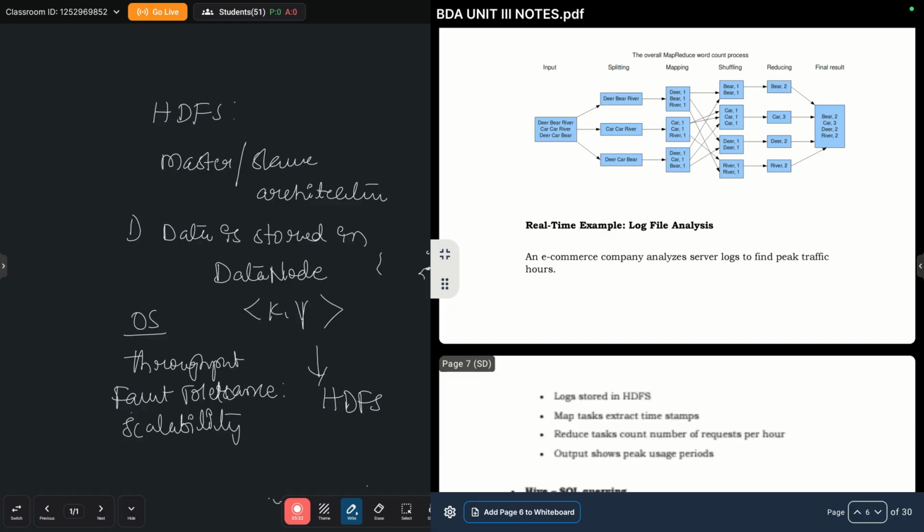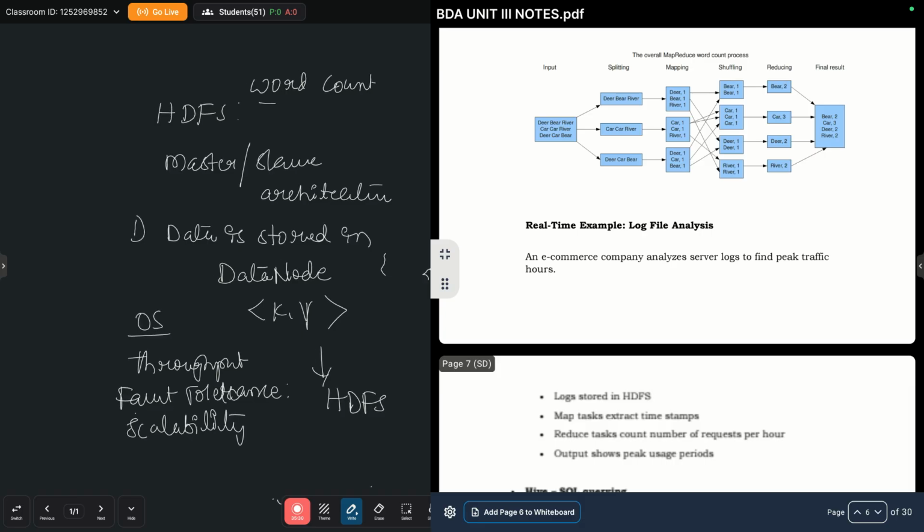So this is a best example for word count. What is this problem? This is the word count problem. For example, we want to process the word frequency in a given file using our traditional systems. It takes a lot of time because we have to process every word.